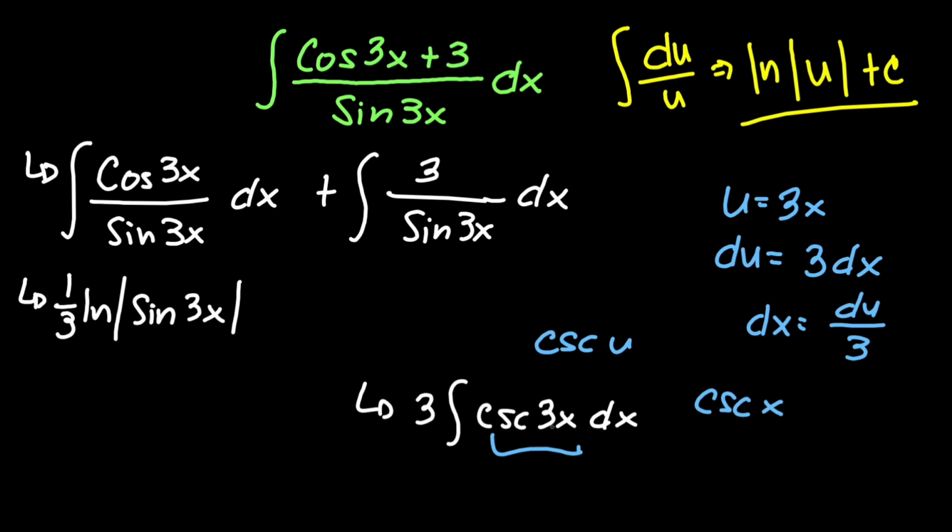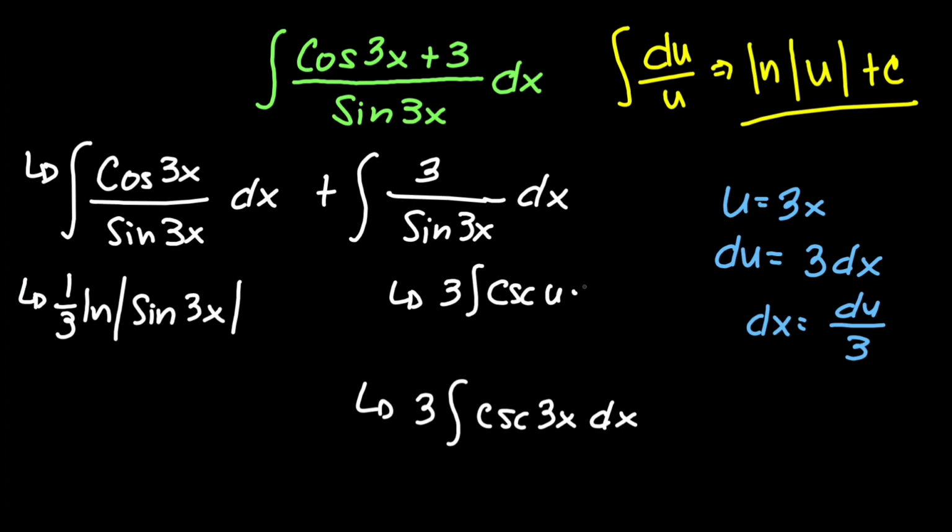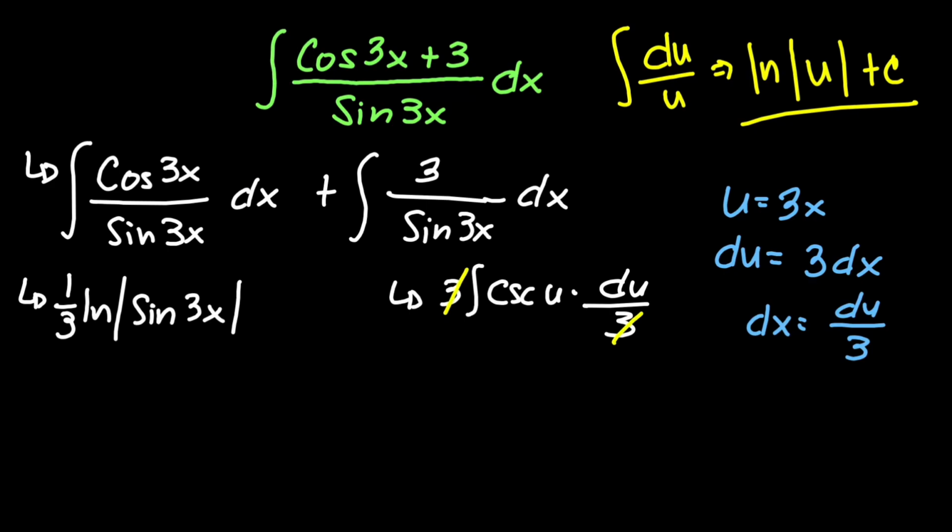But since we have 3x here, we must first eliminate that in order to have a single variable. So by substituting it, what we have here is 3, the integral of cosecant u multiplied by dx, which is equal to du over 3. You can see here that the 3's would actually cancel. So you are left with the integral of cosecant u multiplied by du.